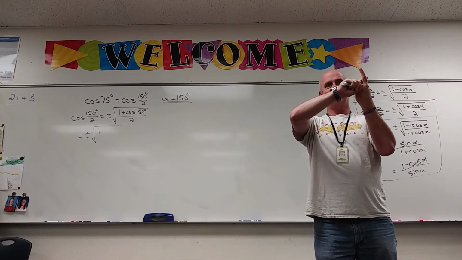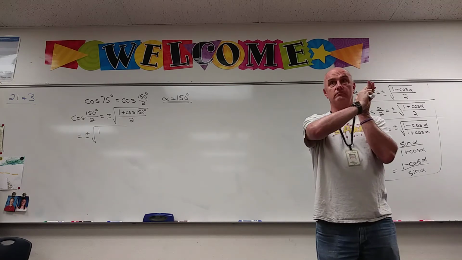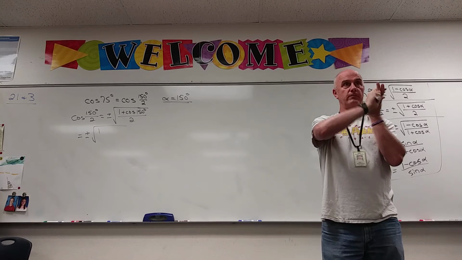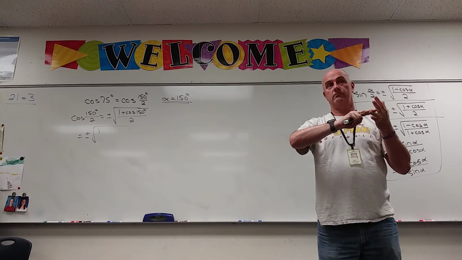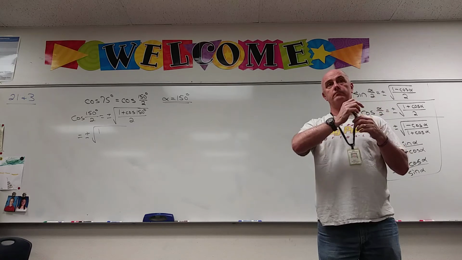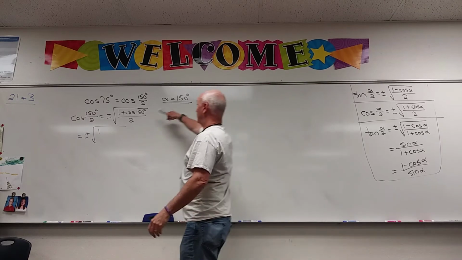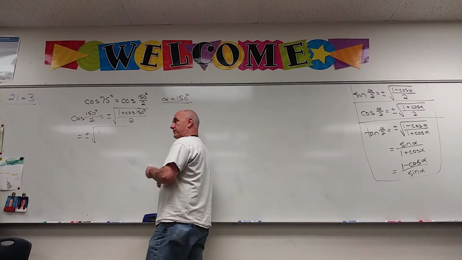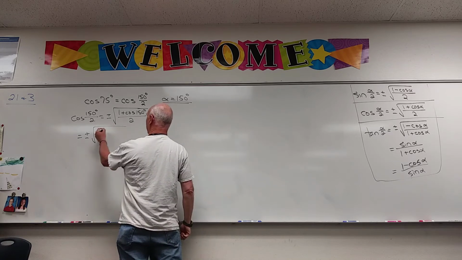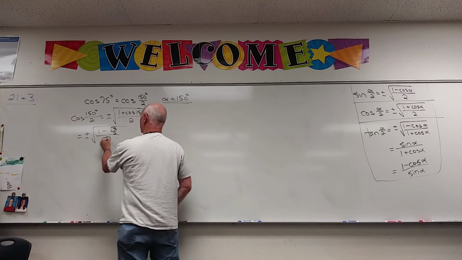Reference angle, 30. Chart, square root of 3 over 2. Quadrant: All Students Take Calculus. It's quadrant 2, so the cosine of it is going to be negative, so 1 minus root 3 over 2.